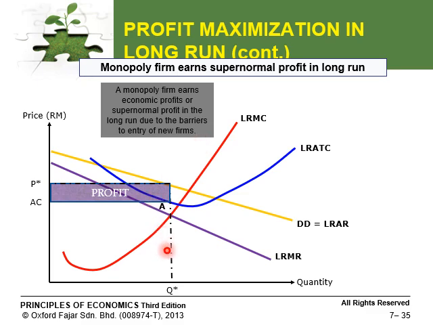The rule to achieve supernormal profit is that your revenue is higher than your long run cost. This is the cost, meanwhile your revenue is much bigger than the cost, so that you are making profit over this region, this part.